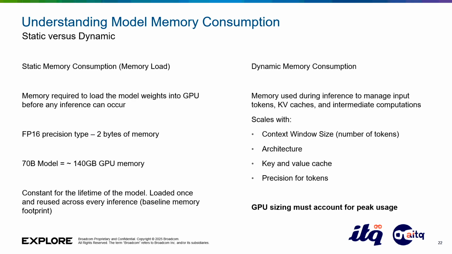The most dominant one is FP16. And every parameter is stored in FP16. That means we are consuming 2 bytes per parameter. So it's really easy to understand that if I load a 70 billion model, I am going to use at least 140 gigs just to load a model. Not using it, just to load it.